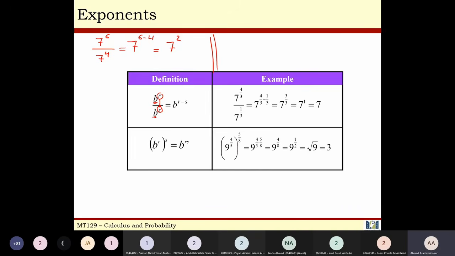Also, if we have x to the power 9 over x to the power 3, we have x to the power 6 because we have 9 minus 3. Also, if we have negative, no problem. For example, x to the power 5 over x to the power 7. So we have 5 minus 7, which is -2. So we have x to the power -2. Okay.